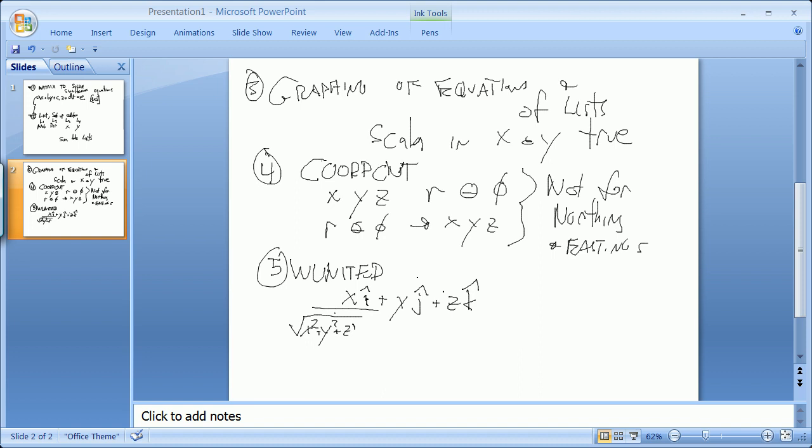But remember, W united takes something in the x, y, z, i, j, k format and puts it in a unit vector. Right, so it's going to be some number times the unit vector i plus some number times the unit vector j plus some number times the unit vector k. And this vector is usually called lambda. It is a unit vector in the direction of the vector.